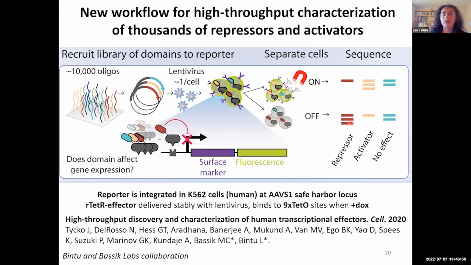Then we count how many times we find a particular domain in the off population and how many times we find it in the on population. Repressors are going to be found in the off population a lot more often than in the on population. So we can calculate very quantitatively an off to on score that will tell us whether domains are repressors or not, and the opposite is true for activators.